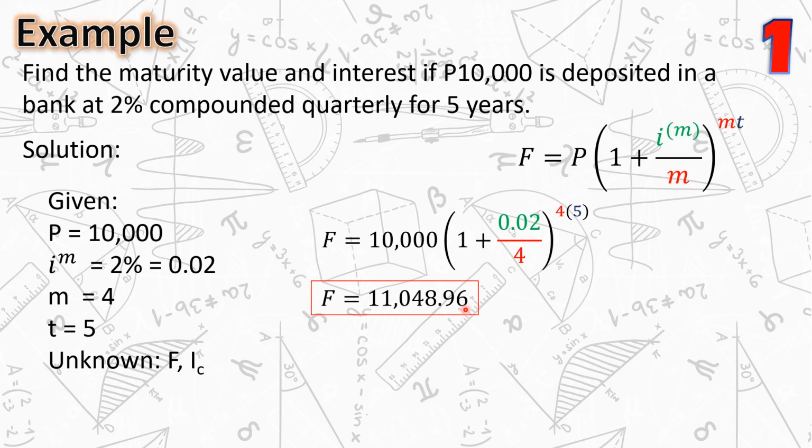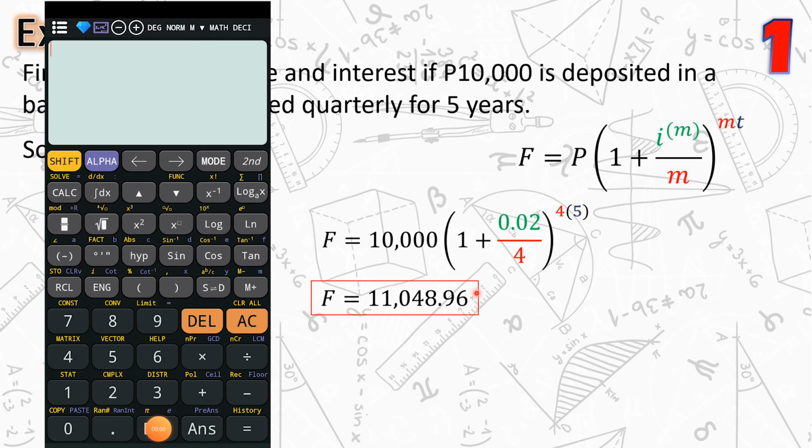How are we going to do the computation if your calculator is a single-line calculator? To do that, we're going to solve for the operations inside the parentheses first. So consider that the calculator is a single-line calculator.